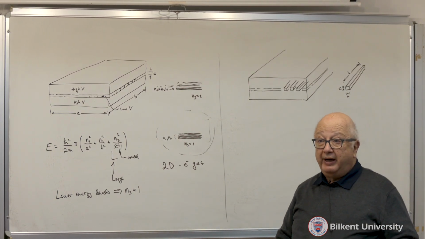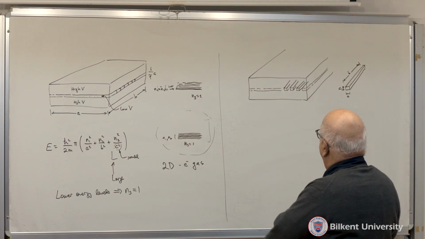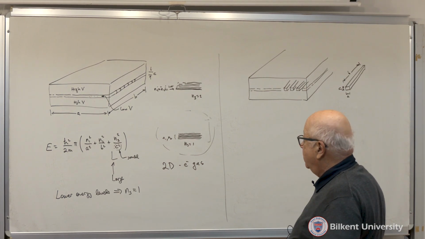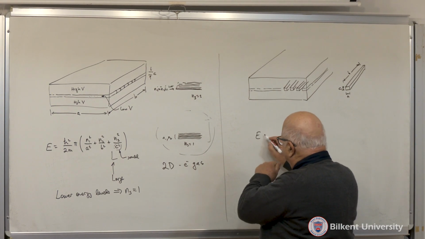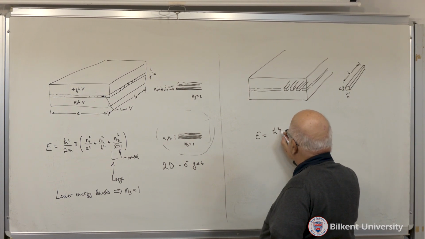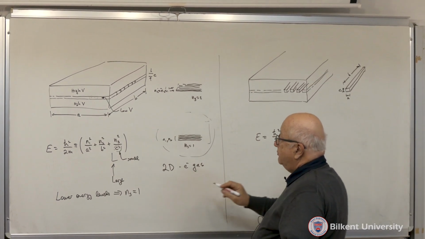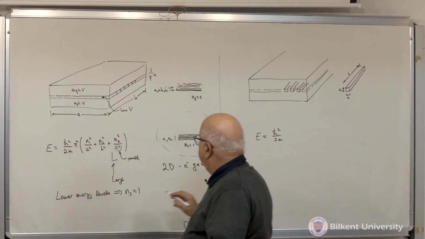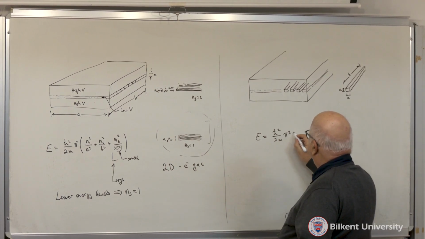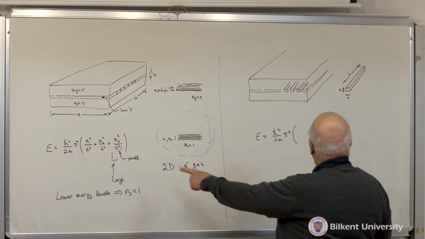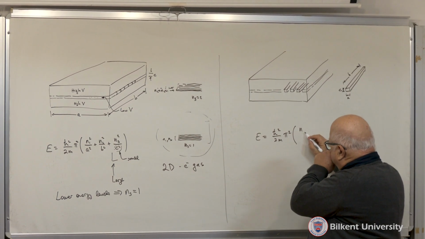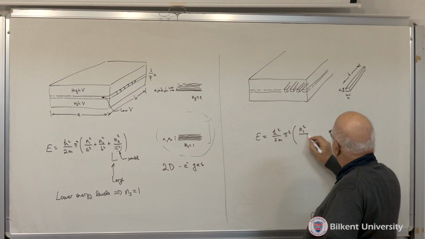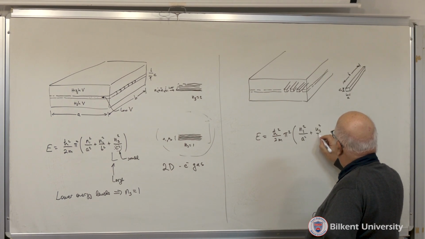So now if I look at the energetics of this system, what do I get? Well, I write the same equation again. E is equal to h bar squared over 2m, pi squared. Let me group the A and the C terms together. N1 squared over A squared plus N3 squared over C squared.